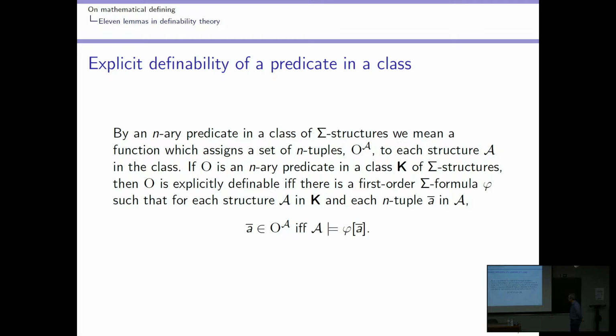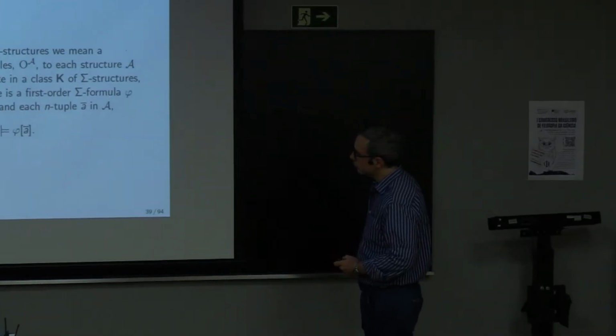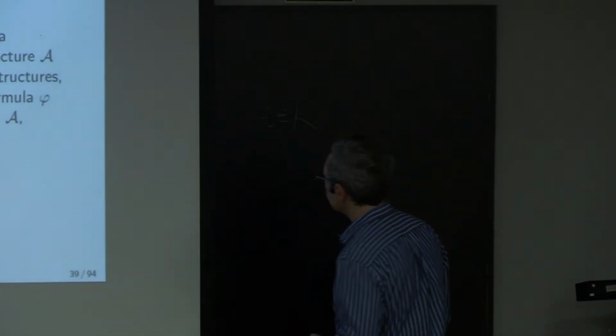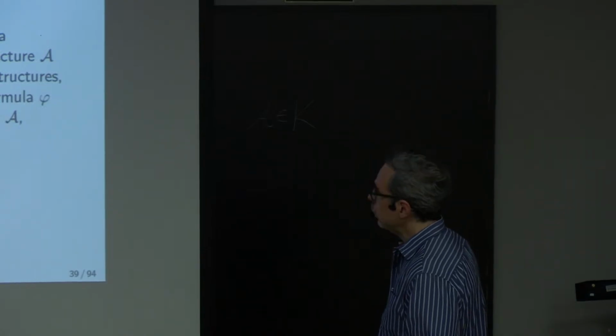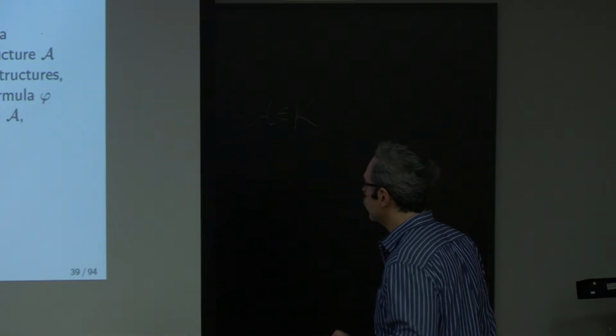Now we must define what is explicit definability of a predicate in a class. So first, what is a predicate in a class? By an n-ary predicate in a class of sigma structures, the predicate is supposed to be defined in the class of sigma structures. So we have a class K of sigma structures. So we may have some structure A here. So a predicate O is a class function, right?